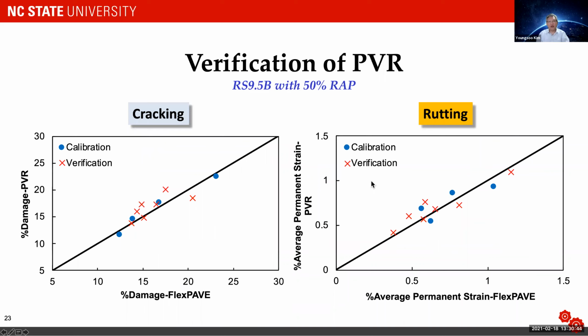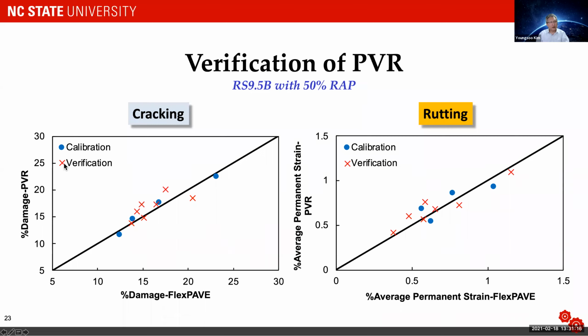So this is verification of PVR. What you see on the x-axis is percent damage calculated from FlexPave, and the y-axis is percent damage predicted from PVR. And these four circles are calibration points, and therefore they should be on the line of equality fairly well, because I used these four points to develop the PVR, and therefore when you predict percent damage from FlexPave, it should match quite well.